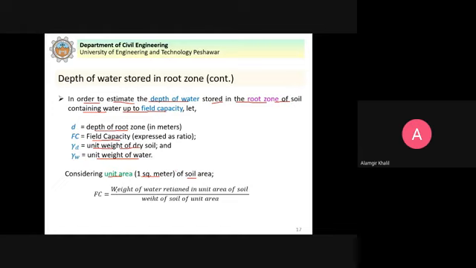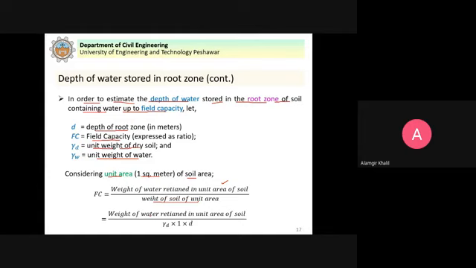We define field capacity as the weight of water retained in unit area of soil divided by the weight of soil of the unit area. So we can write the weight of water retained in unit area of soil divided by gamma d times the volume. Gamma is weight by volume, so this weight will be equal to gamma d into this volume, unit area multiplied by the depth.